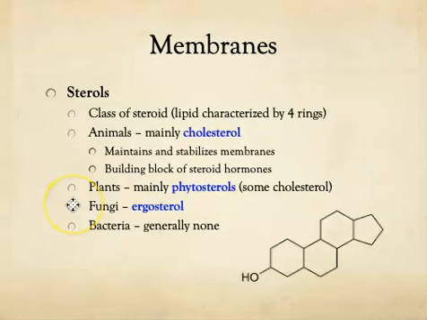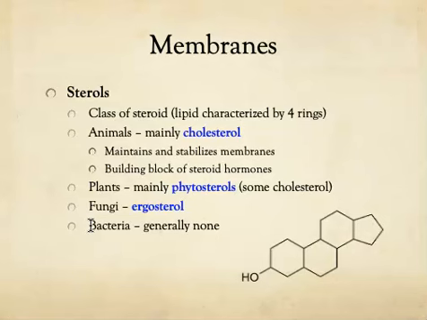The fungi have their own variety of sterol as well, called ergosterol. So it doesn't matter if you're talking about animals or plants or fungi, they all have their own version of a sterol that helps maintain and stabilize their membranes. I have a note at the bottom of the slide about bacteria.